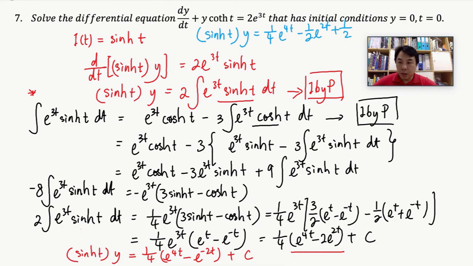Now because of that, I think I make another change here. So in this case, that will be a 2 e^2t plus a c, which is exactly the same as this. If we simplify that, that will be the same as a quarter of e^4t minus half e^2t plus a c. Again, exactly the same as how we can obtain that directly from the definition.